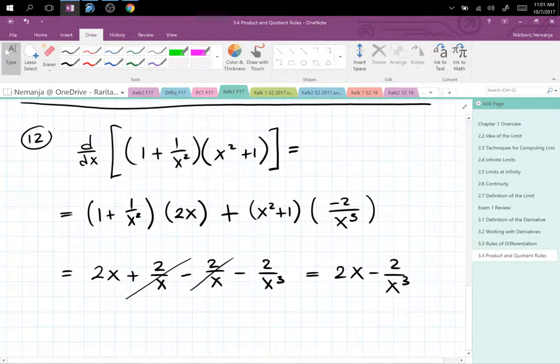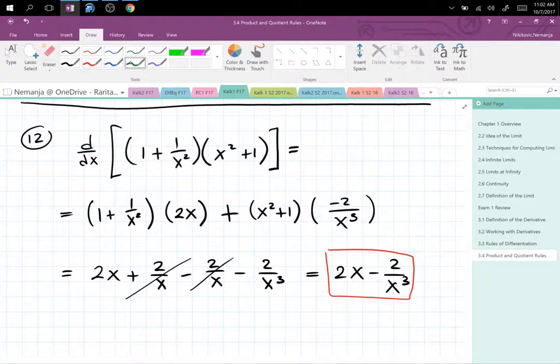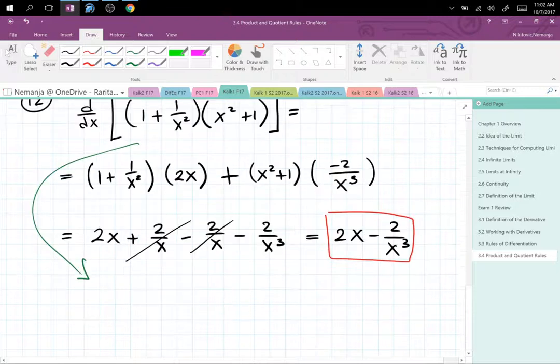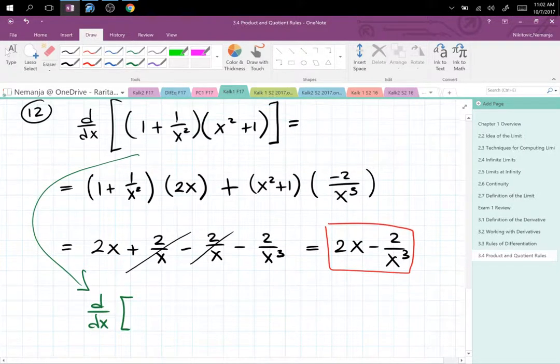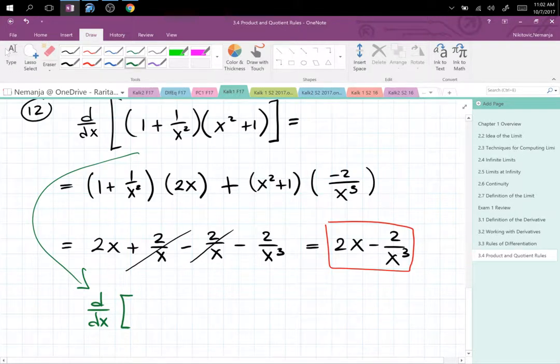And hopefully you realize that you can cheat over here. Aren't these polynomials that you can multiply first using algebra? Yeah, they are, right? No e to the x. So we can check this problem by multiplying out. When you multiply out, you get x squared plus 1 plus 1 plus 1 over x squared when you FOIL.